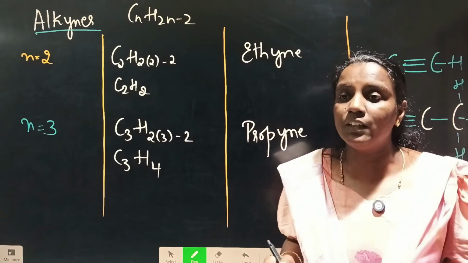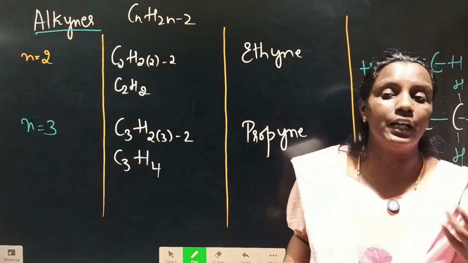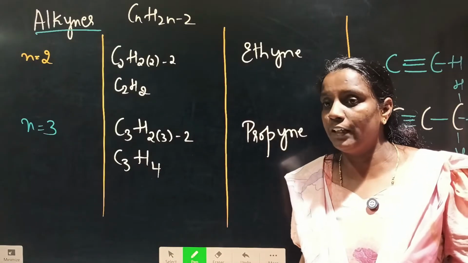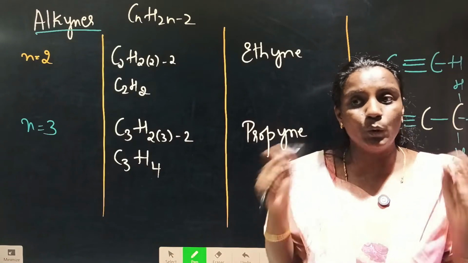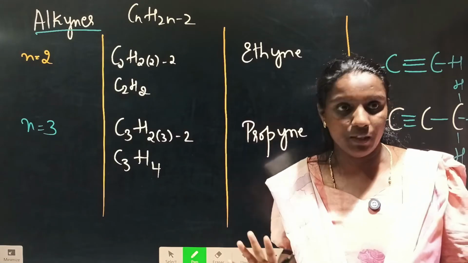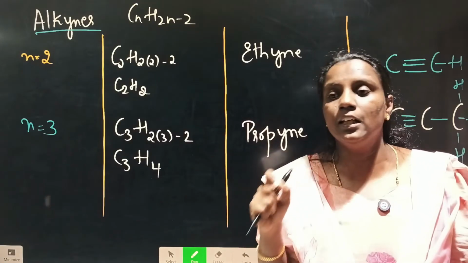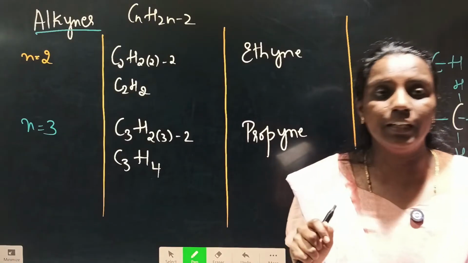So coming to this, we also have another type of organic compounds, where we can show the structural formula in a different shape, especially in the cyclic form. Okay, cyclic form.